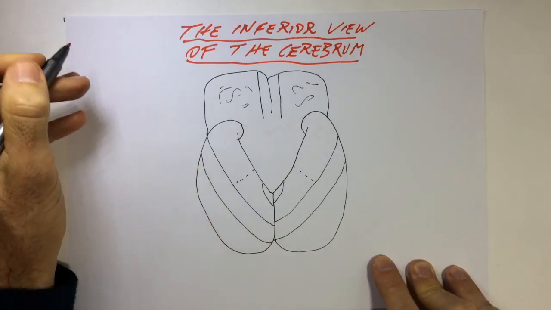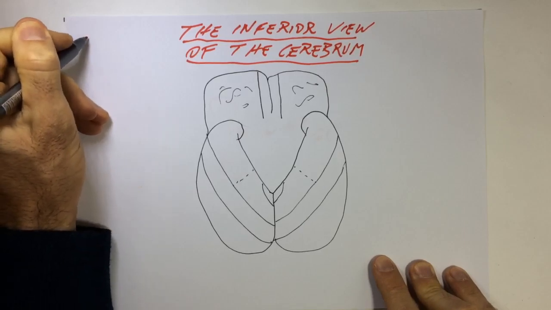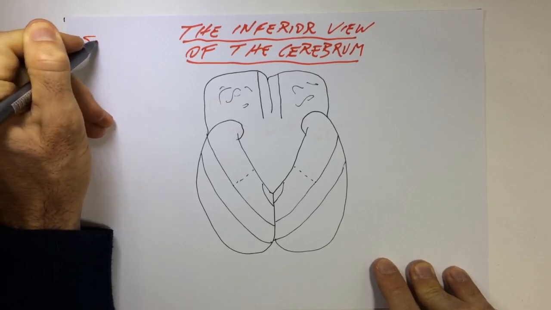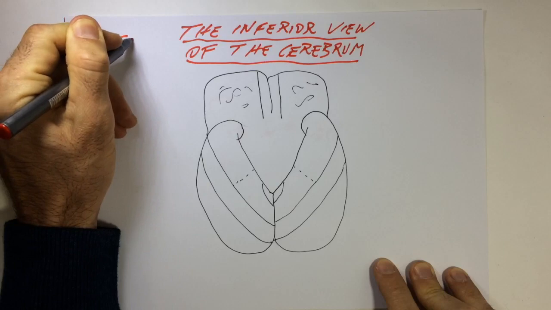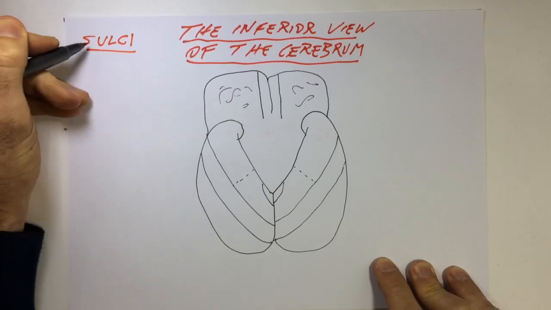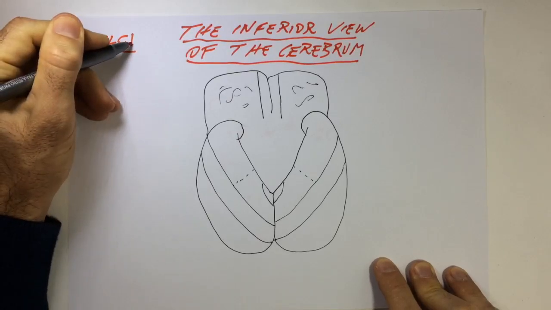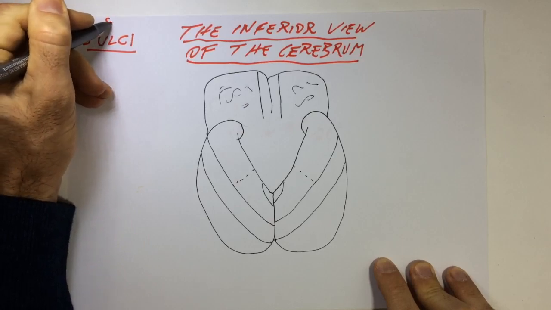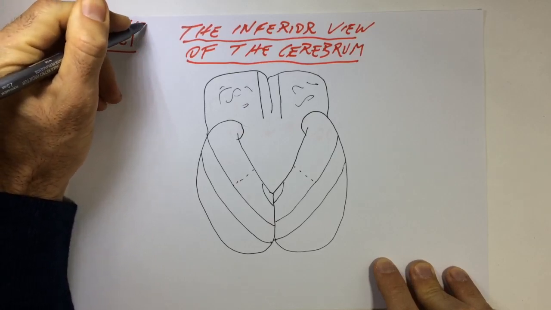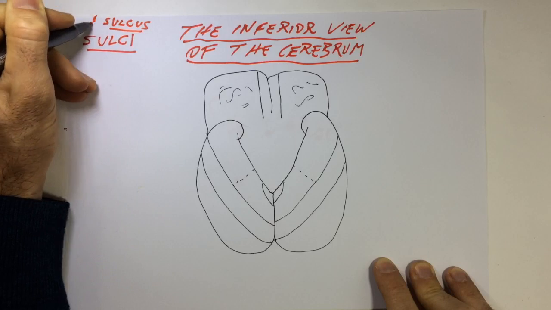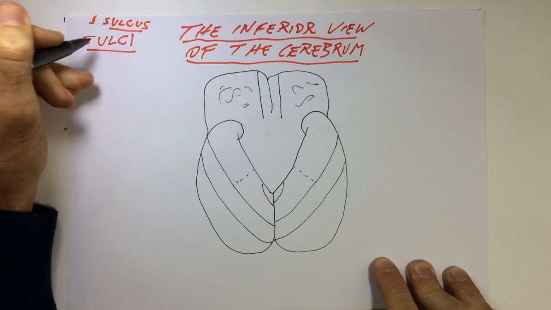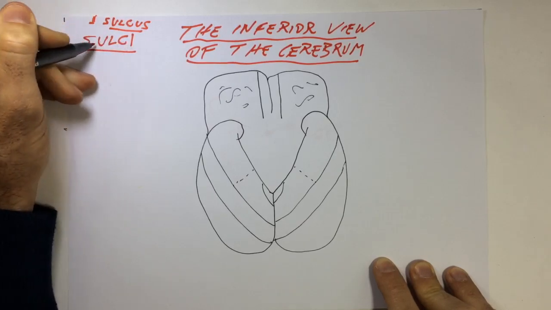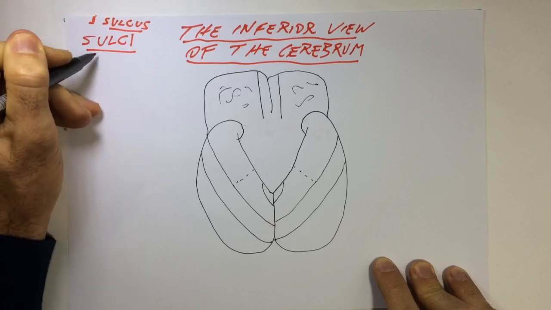So we're going to start with the sulci. So let's just write it down here. Sulci. And just remembering that sulci is the plural form of sulcus. So we have one sulcus and two sulci. So that's the plural.